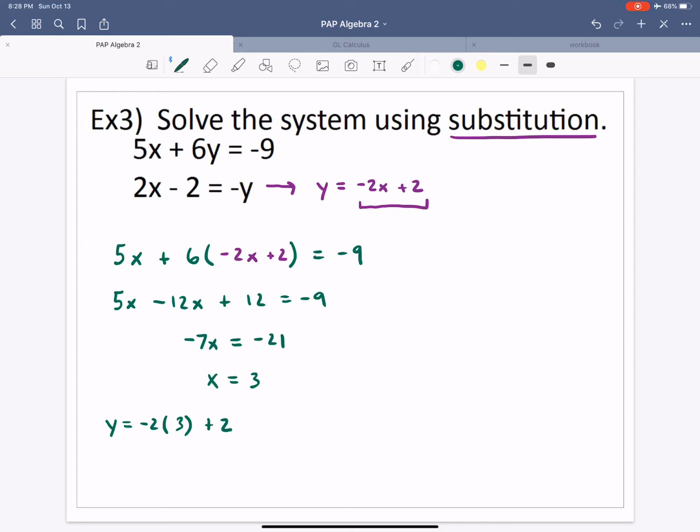So that becomes -2 times 3 is -6 plus 2 gives me y equals -4. So the last thing you have to do here is write those as an ordered pair, 3, -4. Because remember, the solution to a system of equations will be a coordinate of a point. So you have to write it as such, 3, -4.